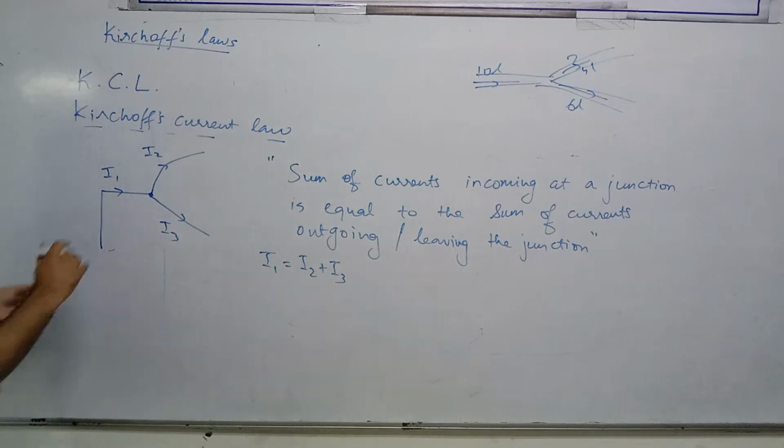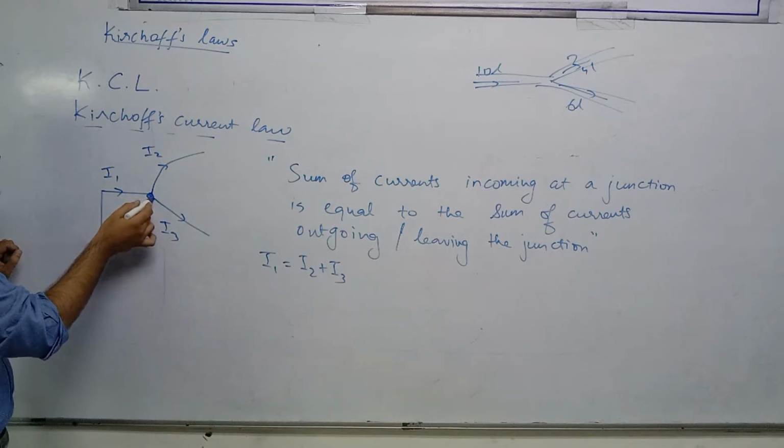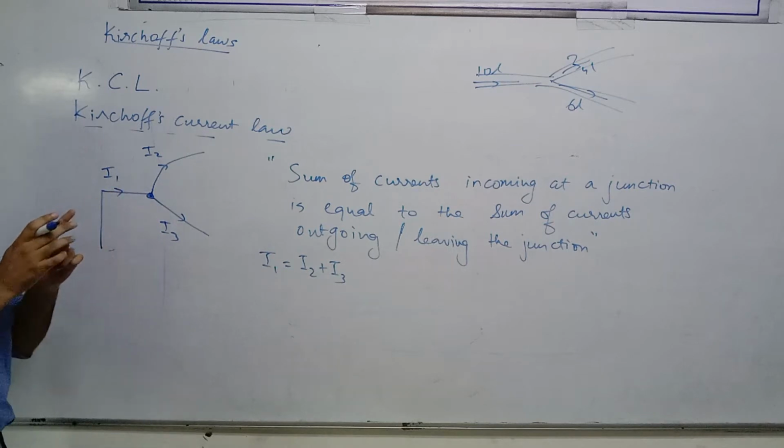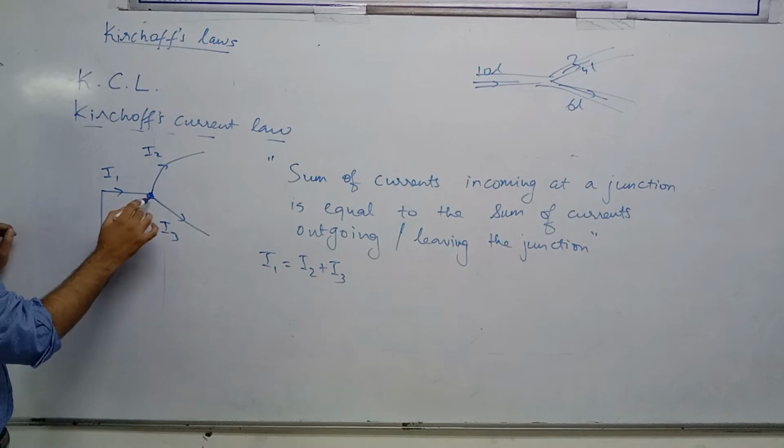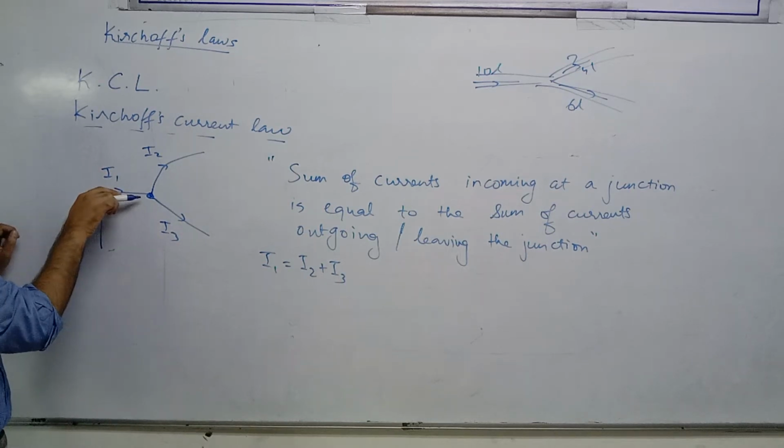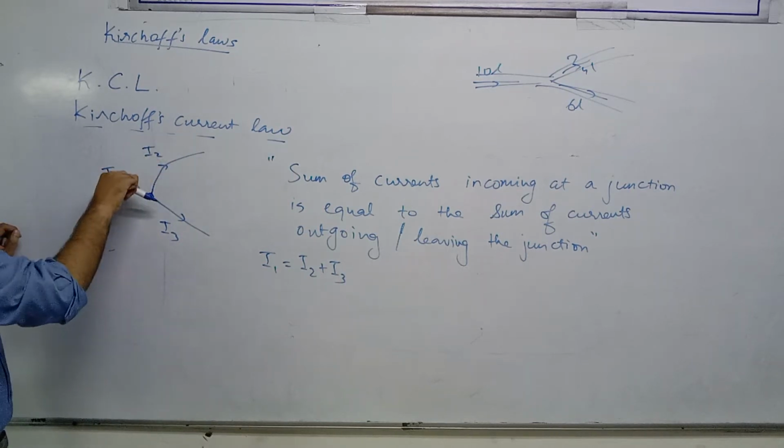So if this is a junction, what is the meaning of a junction? A point where there are branches. Maybe more also, but there are definitely branches. So if I1 is coming in, it's called incoming. I2 is going out, I3 is going out.